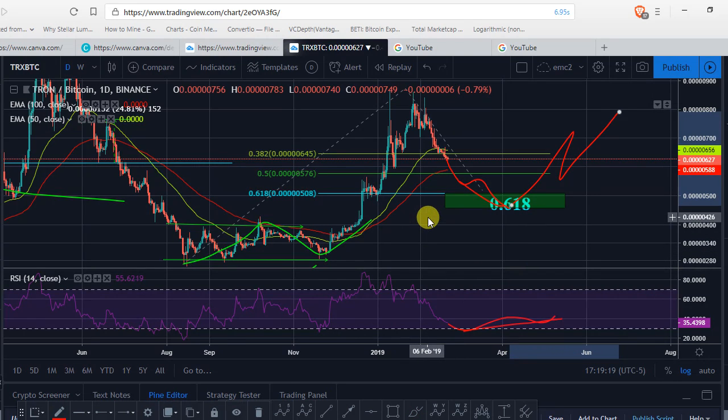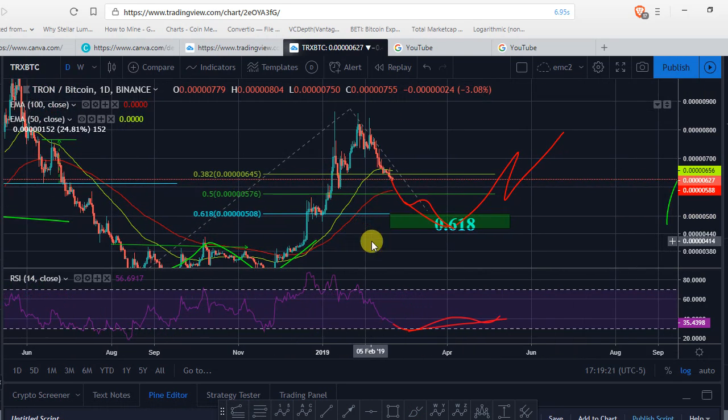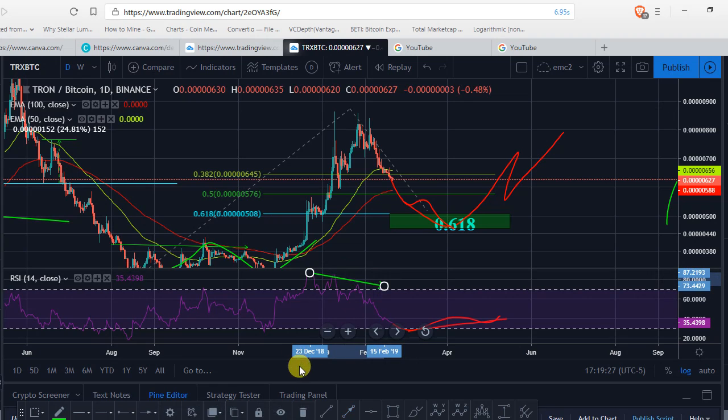At the same time, when you take a look at the RSI, we got a good indication to take profit. When you take a look at this divergence, it almost lasted from December 24th all the way up to like February 5th, right? So that's almost 30 days of divergence. So you could be expecting another month of downtrend at least.